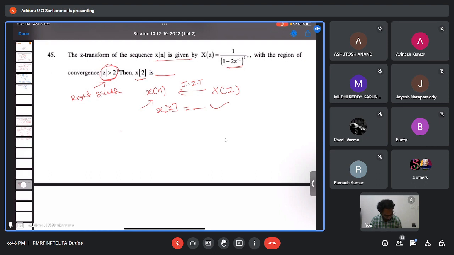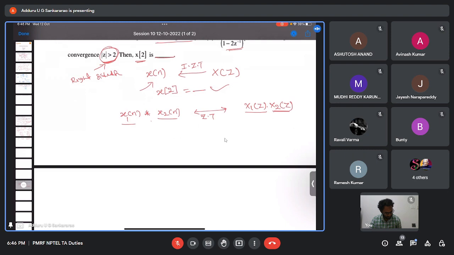We know the convolution property of the z transform. Suppose you have two signals x1 of n and x2 of n, with z transforms x1 of z and x2 of z. Then convolution in the time domain becomes product in the z domain.